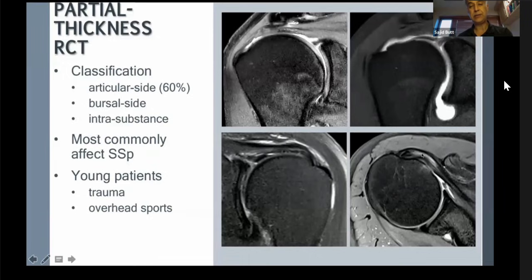So that is a delamination tear, which is a type of the intrasubstance partial thickness tear. So we've seen the articular surface partial thickness tear, bursal surface partial thickness tear, and intrasubstance partial thickness tear, or a delamination tear.